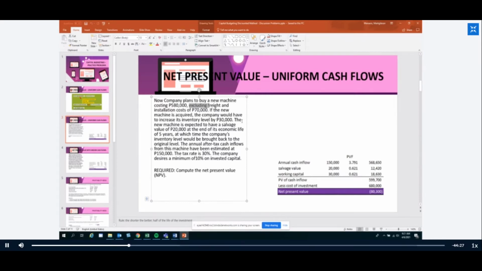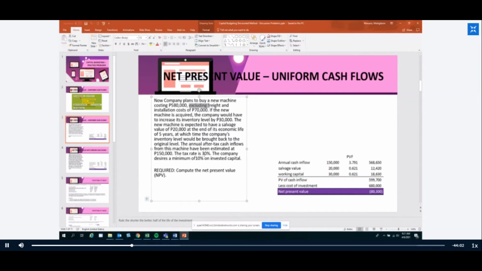Okay? The new machine is expected to have a salvage value of 20,000 at the end of the economic life of 5 years, at which time the company's inventory level would be brought back to the original level. The annual after-tax cash inflows from this machine have been estimated at 150,000.